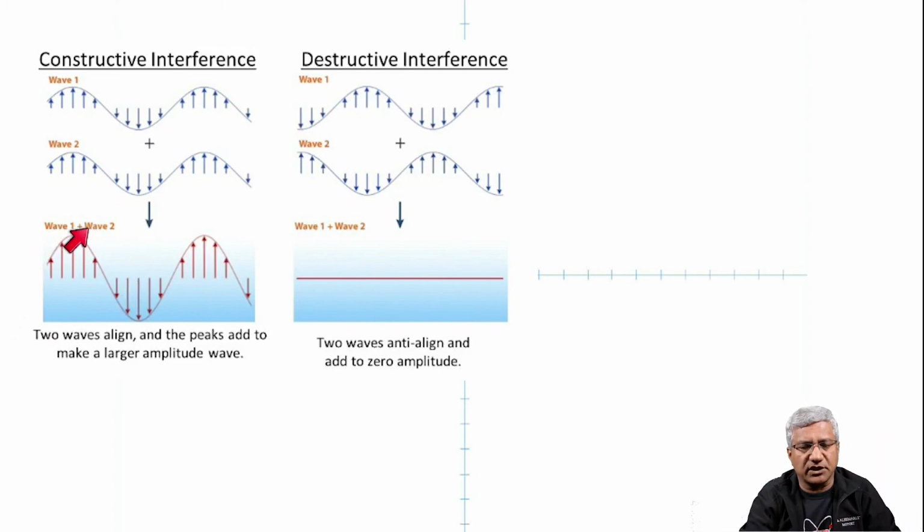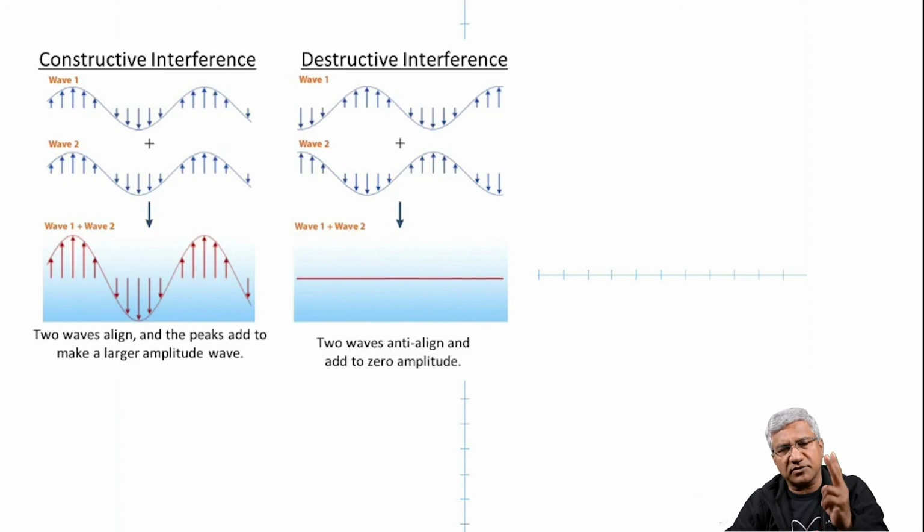That means the amplitude becomes double. But if they are completely out of phase, when wave 1 reaches positive maximum, wave 2 is hitting the negative maximum. So they're going to cancel out at every point. And what you get is not even a wave. You get a straight line, because they are anti-aligned and the amplitude is 0.